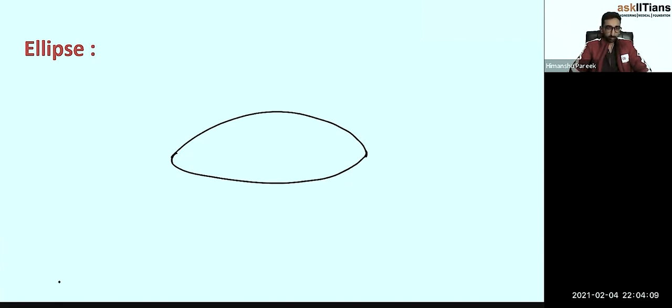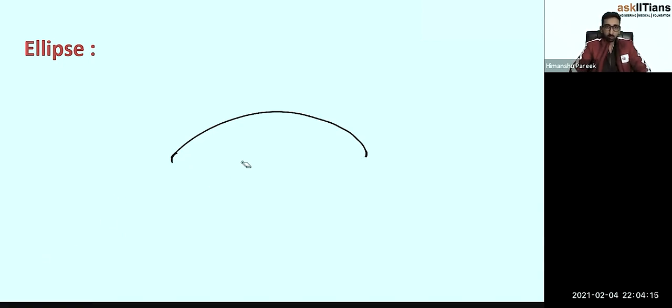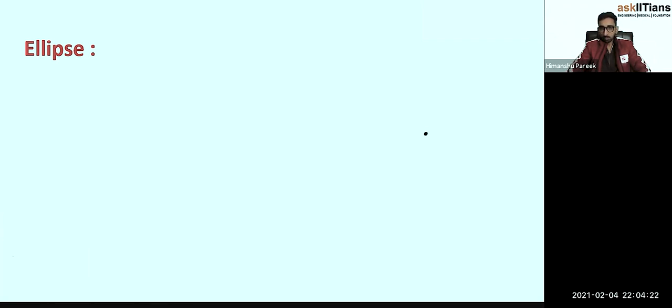Before I draw this, let us understand how we get a circle exactly. Just think about it. How do we get a circle? To get a circle, suppose you have one fixed point here, and now you have a particle here.